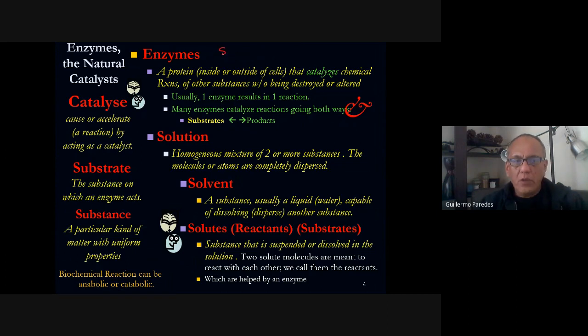We already talked that solute is the same as saying substrate, or is the same as saying reactant. Solvent is going to be just water. Solute, substrate or reactant plus solvent is going to give you a solution.